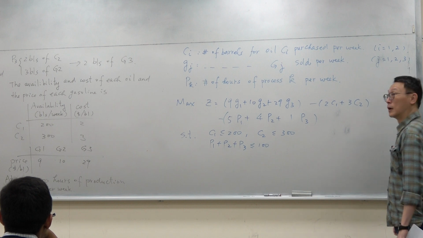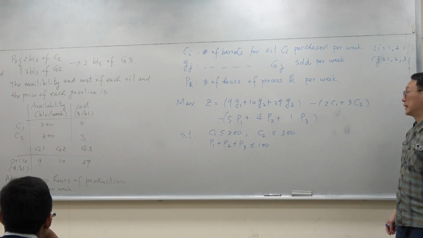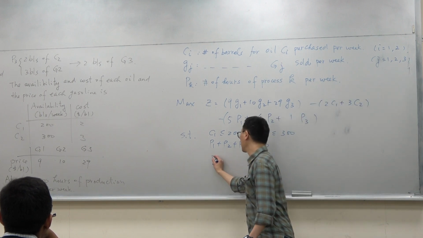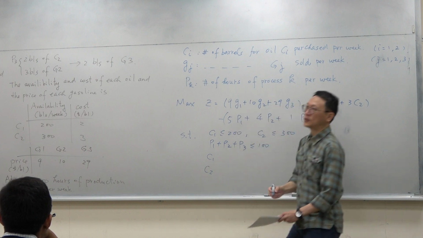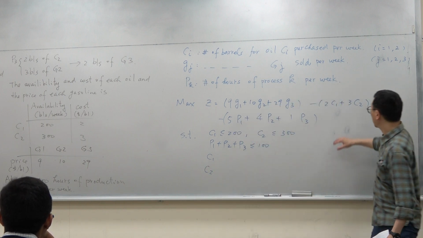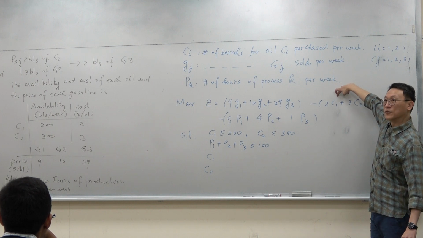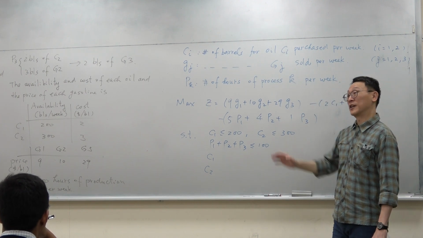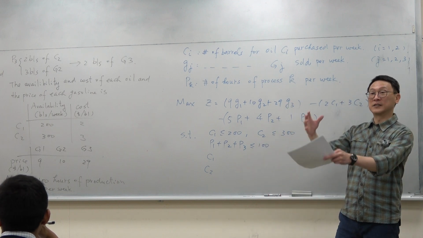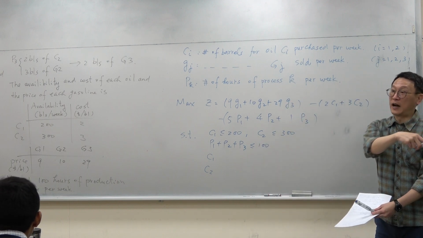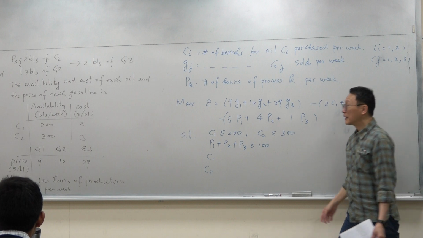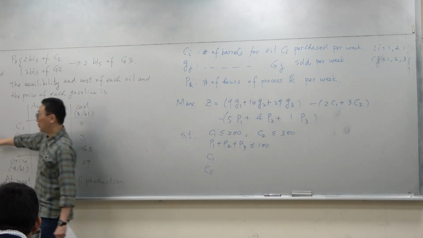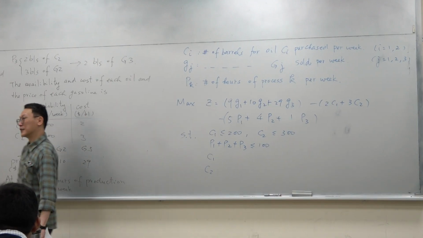Okay, so right now we need to know how many C1 and C2 we use, because here we need the number of them. Unlike the previous example, where we can combine X_ij to become a C_i or G_j, right now we have a different combination in different processes.